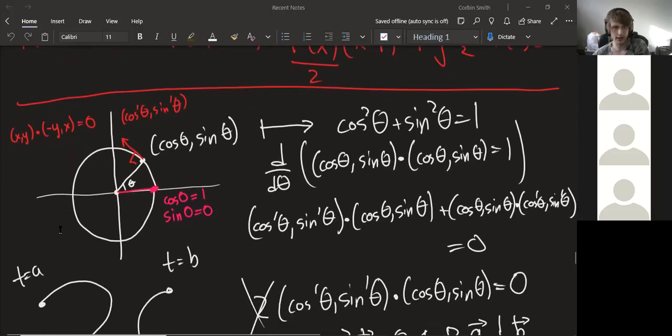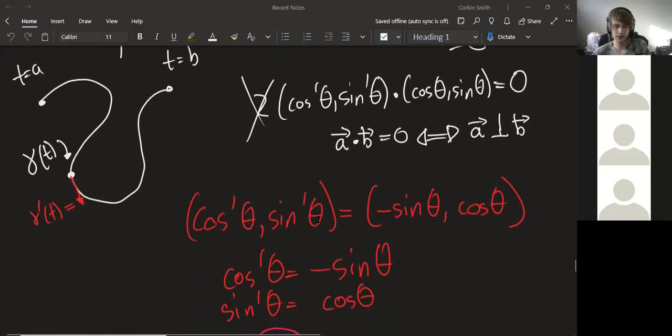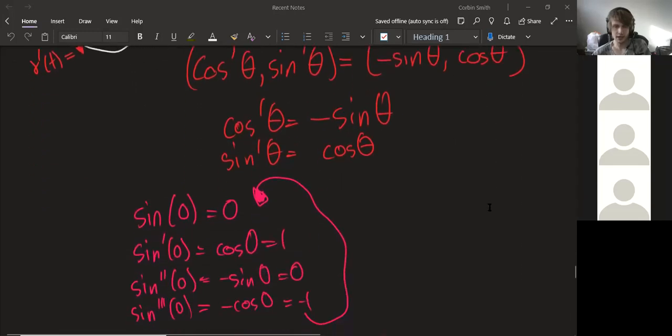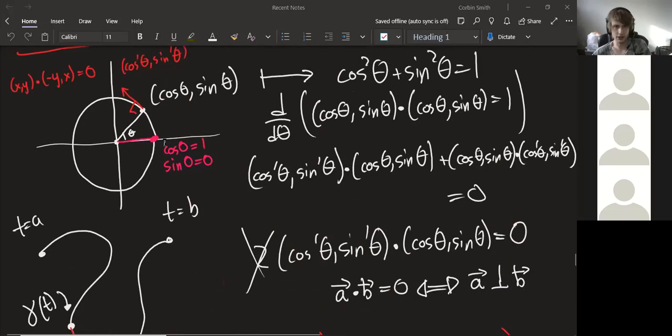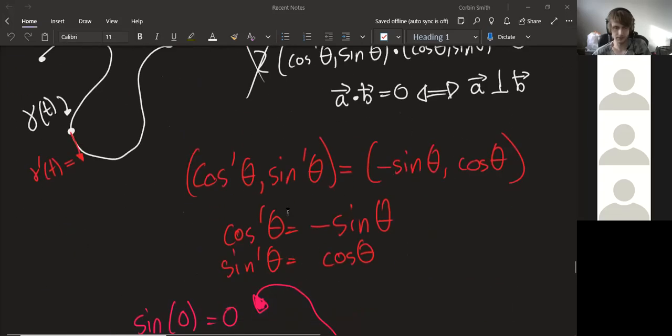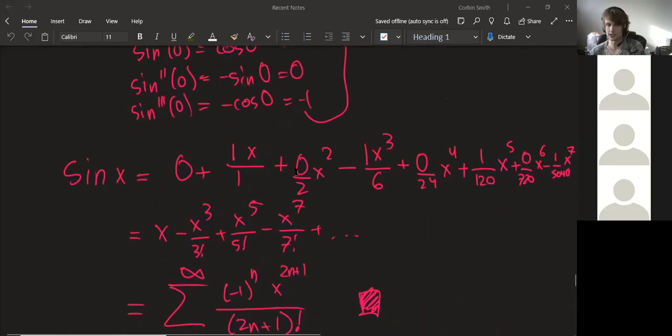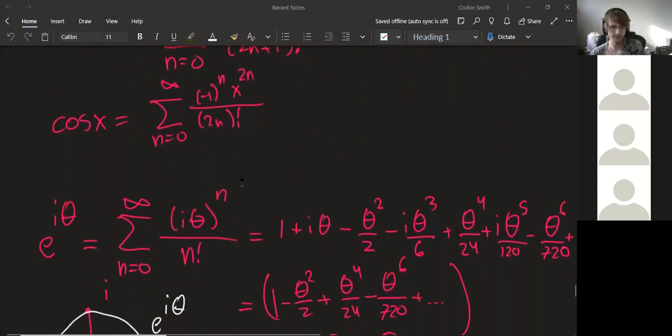In Euclidean geometry, the unit counterclockwise perpendicular to (x, y) is given by (minus y, x). So we concluded that the derivative of cosine is equal to minus sine, and the derivative of sine is equal to cosine. Using the initial conditions of sine and cosine at 0, we were able to construct the Taylor series for sine and cosine.